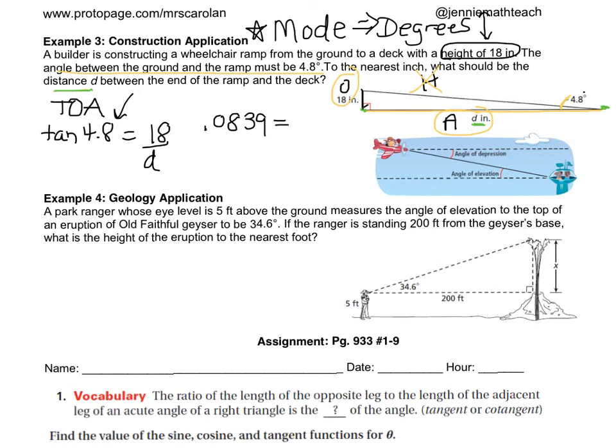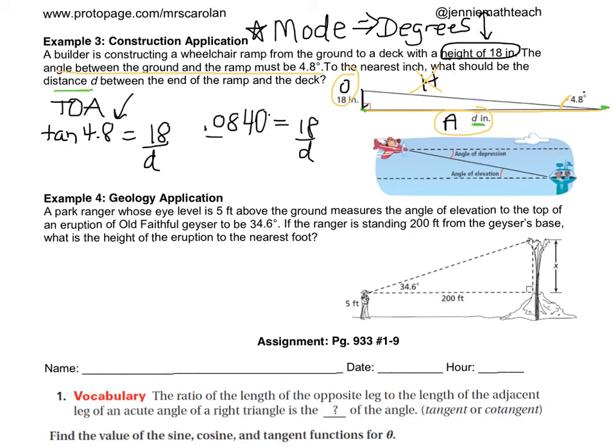Now technically we should round that 39 up to a 40 because the place after the 9 would round it up. So we'll use 0.0840, and we'll set it equal to 18 over D.